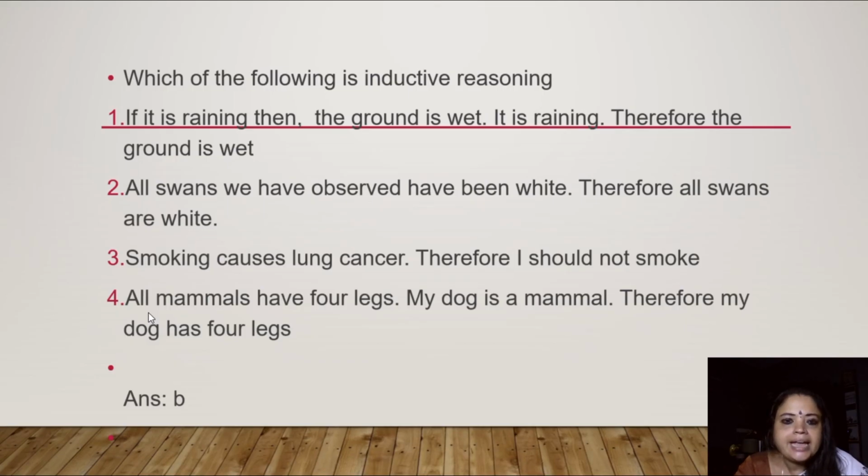Inductive reasoning can be used to formulate new hypotheses, whereas in deductive arguments, if the two premises are true, then the conclusion is always true. If you know all these, you will be able to score very good marks in logical reasoning.